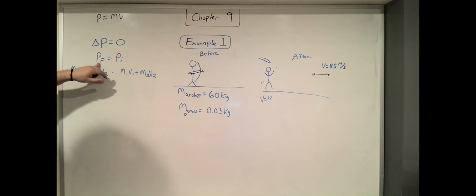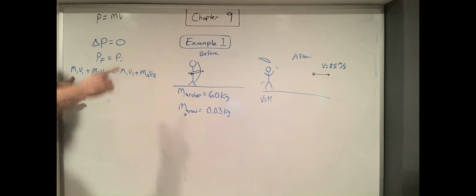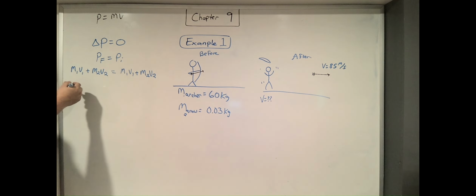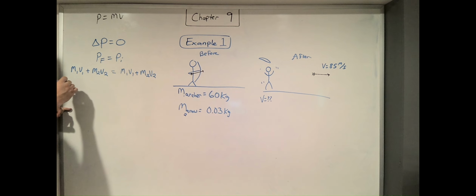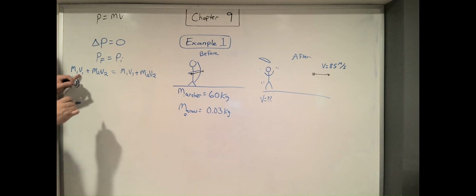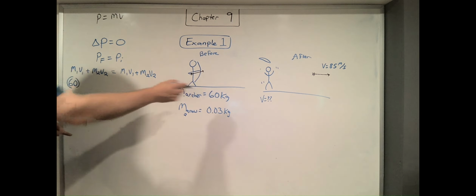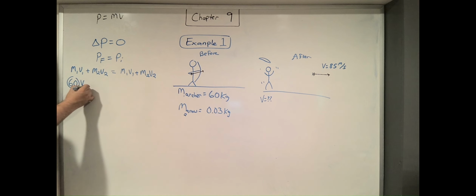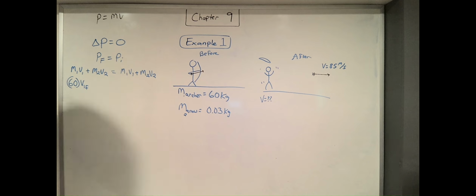We always start with the final. So let's look at the final. Mass 1 would be the archer. Well, the mass of the archer didn't change. He's still the same weight as he was before. That's going to be 60 kilograms. And the velocity in the final of the archer, that is what we are trying to figure out. What is the velocity there? So I'm actually just going to put V1 final.